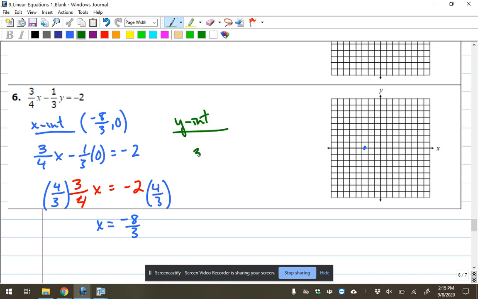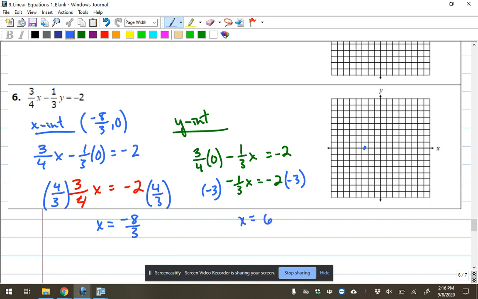So I'm going to plug a 0 in for x. -1/3 y equals -2. I'm going to multiply by -3 on both sides. The reciprocal of -1/3 is -3.